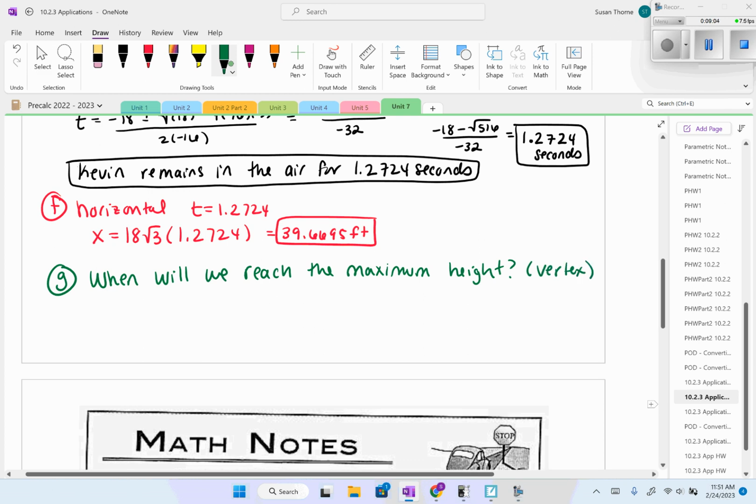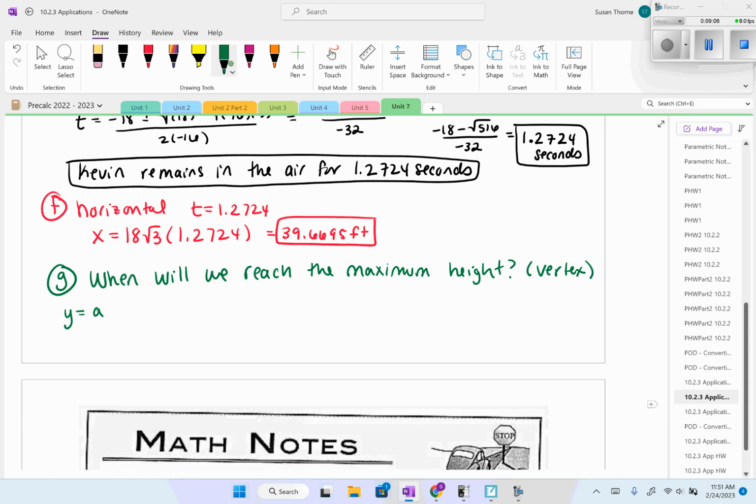And so we recall, if we have y equals ax squared plus bx plus c, the standard form of a quadratic equation, we can find the vertex x coordinate by this equation. X equals -b over 2 times a. And if we wanted to find the y coordinate, we would just plug that back into the equation and solve.